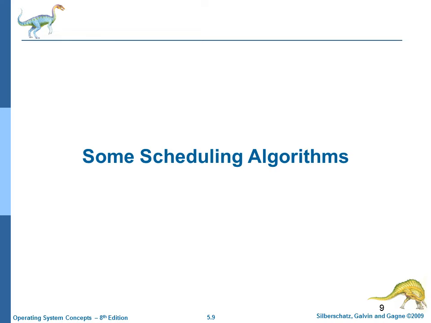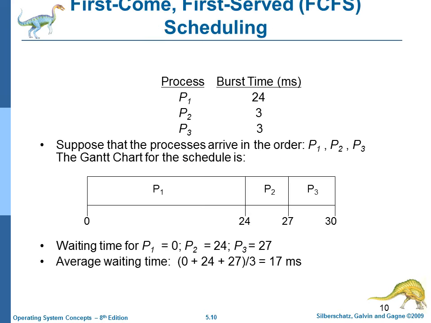Real systems have to deal with many more simultaneous processes executing their CPU and input-output burst cycles. First of all, the first scheduling algorithm is called first come first serve.